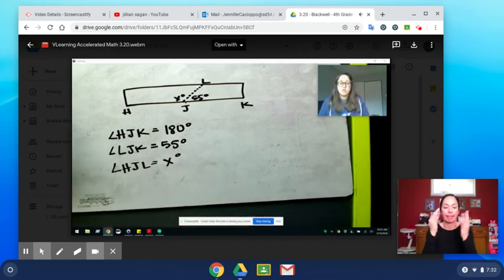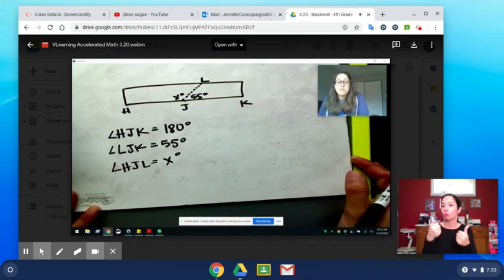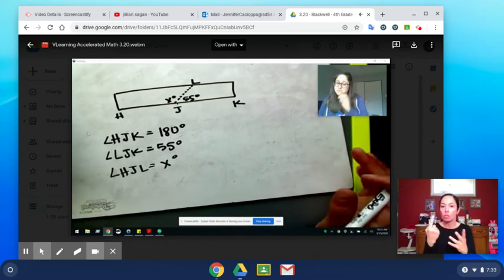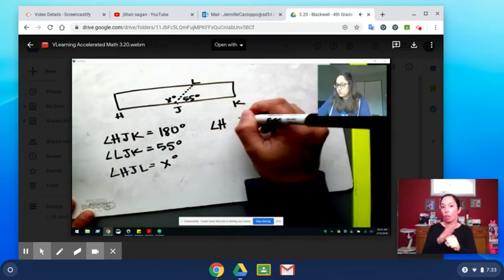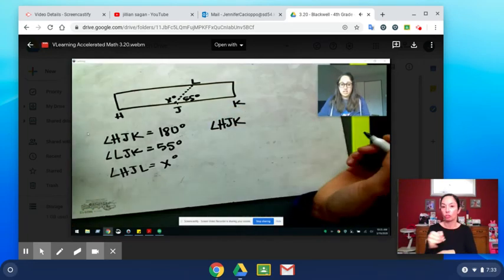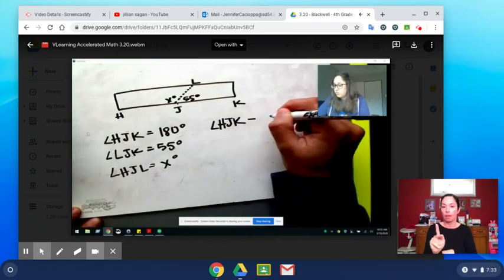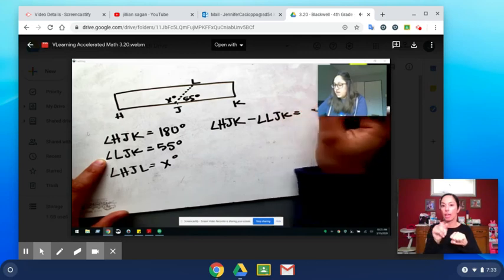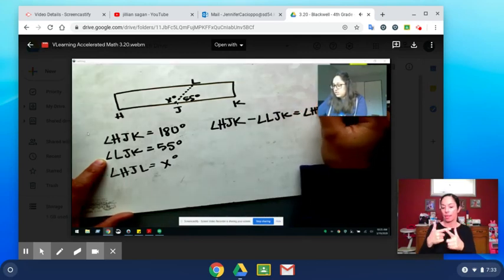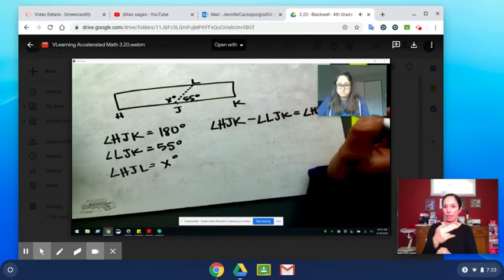X is my unknown, it's my variable. It's some amount, and I'm trying to figure that out. So now I'm going to set up my equation. I know that if I took my total angle that I'm starting with, which is HJK, and I took away angle LJK, then I'll be left with angle HJL, right?